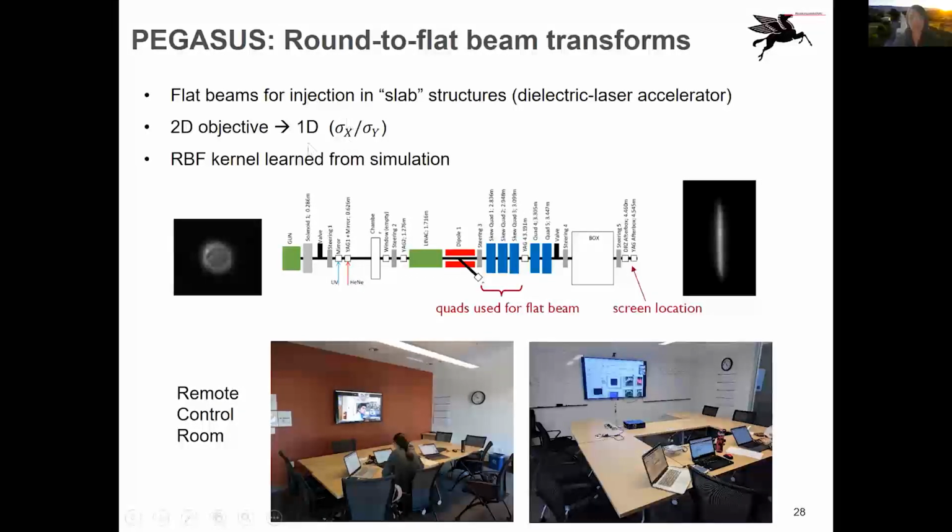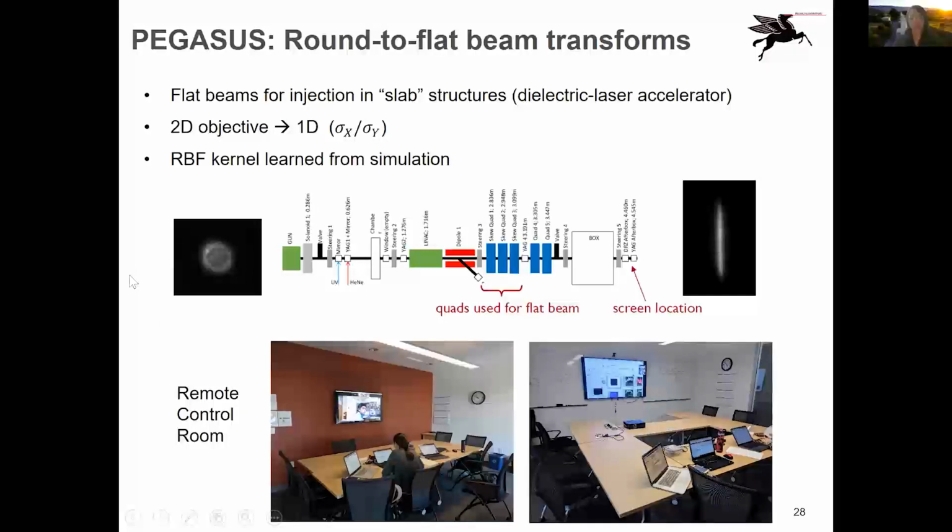Flat beams are important for slab structures, for example, for the electron laser accelerators. We used an RBF kernel learned from simulation, and we set up this remote control room between SLAC and the PEGASUS lab way before it was trendy due to COVID-19.